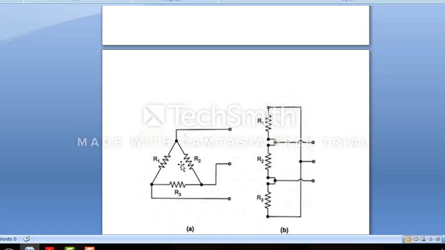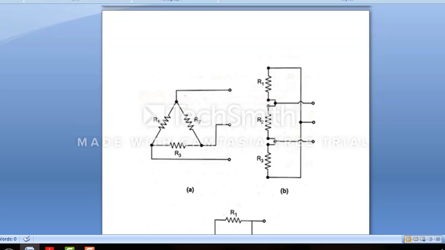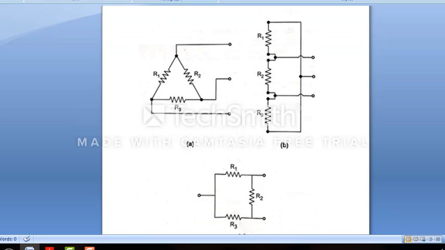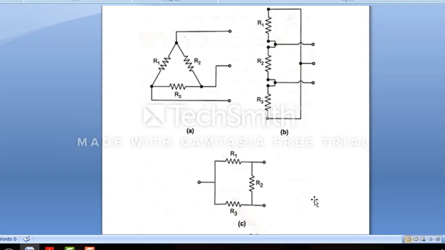If three resistances are connected in such a manner that one end of the first is connected to the first end of the second, and the second end of the second is connected to the first end of the third resistance, in such a way as to form a loop, then these resistances are said to be connected in delta. Here this is also a delta connected network, and here also, these three resistances are connected in delta.